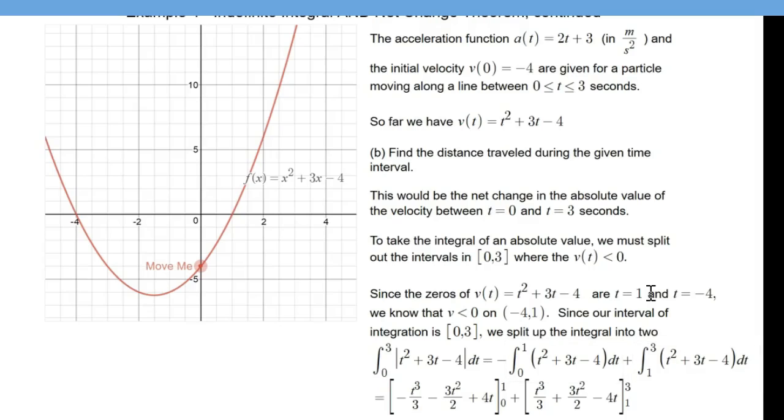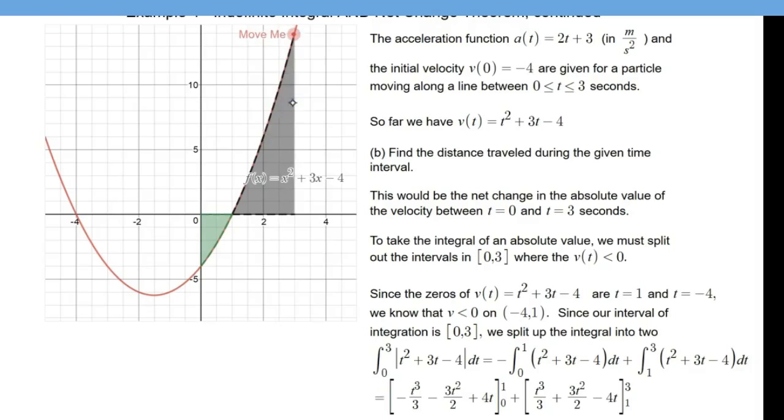If you look at our velocity function, t squared plus 3t minus 4 on the interval 0 to 3, you see that part of it is below the x-axis and part of it is above the x-axis on that interval.